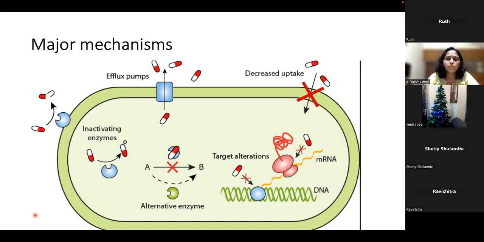So, to explain further, these are the major mechanisms: inactivating enzymes, efflux pumps, decreased uptake, alternative enzyme, target alteration.